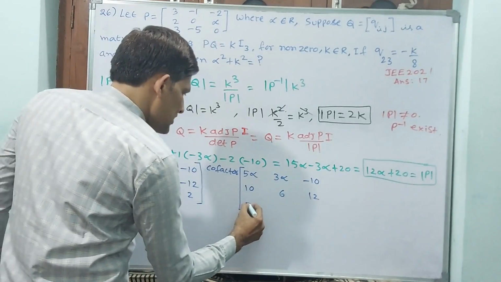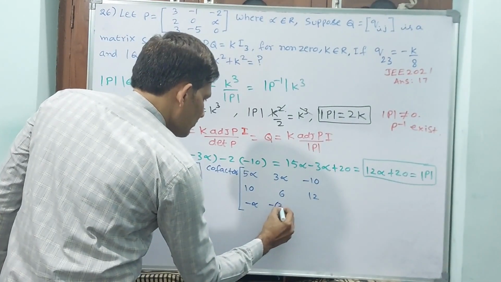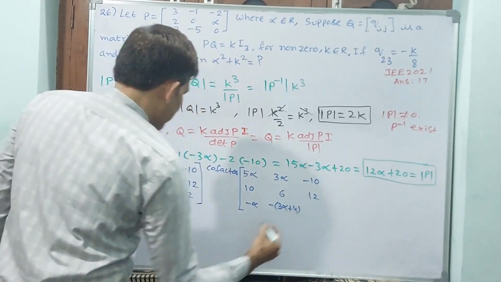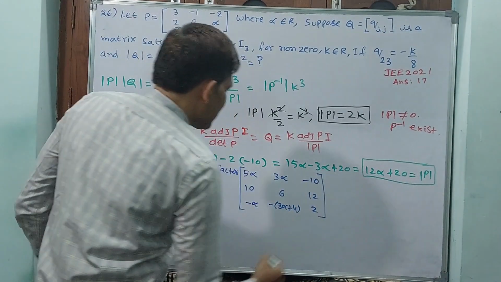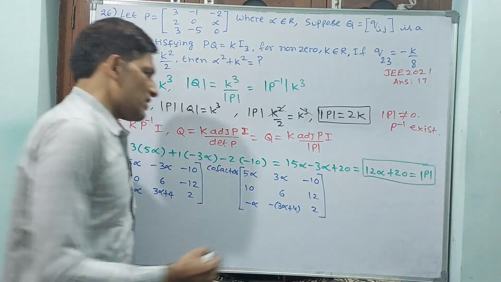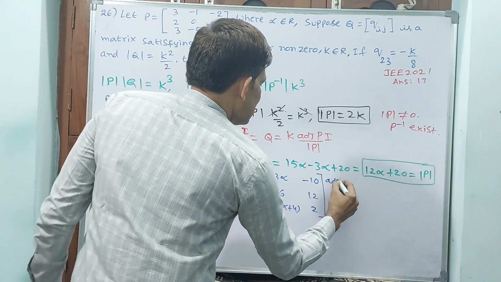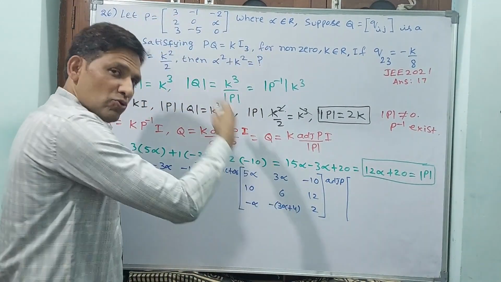Plus, no change. Minus, yes, crucial this is, minus of 3 alpha plus 4. Plus, no change. Okay, see, this is the cofactor, minor to cofactor. A is adjoint. Now you write adjoint P. Just simply rows you make columns.